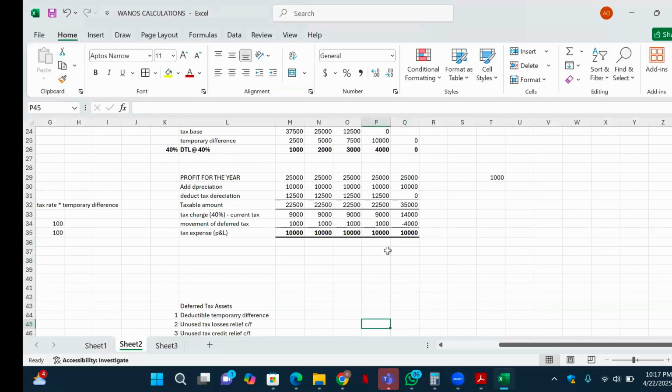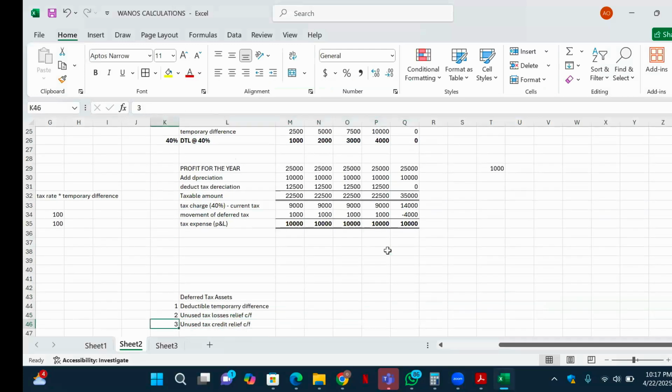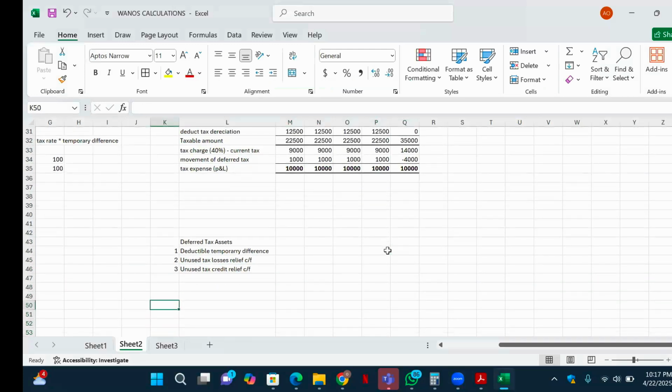Why are we not recognizing a deferred tax liability? It's like this. It is not reliable.